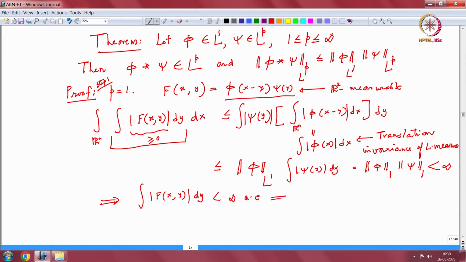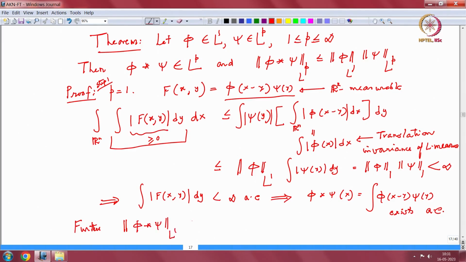That implies immediately the integral defining phi star psi at x, with respect to y, equal to phi of x minus y psi of y dy, exists, of course everything almost everywhere. And further, the norm follows from just one thing: the L1 norm of phi star psi is less than or equal to the integral of this integral.